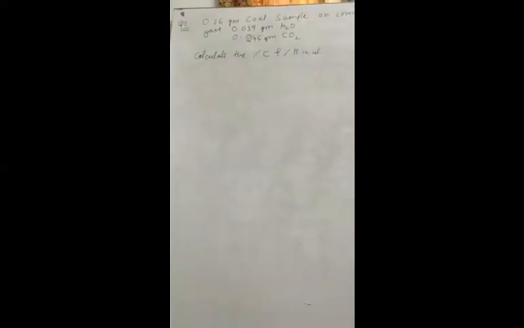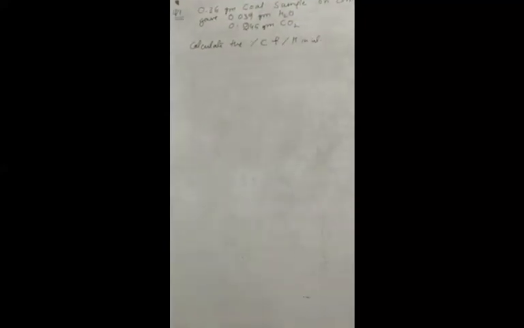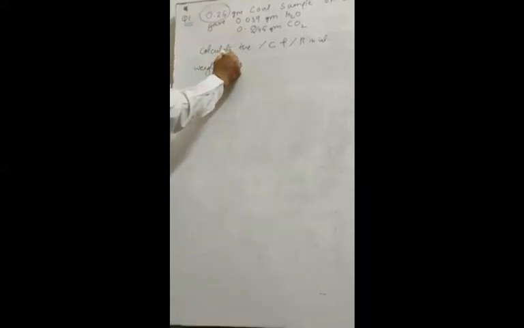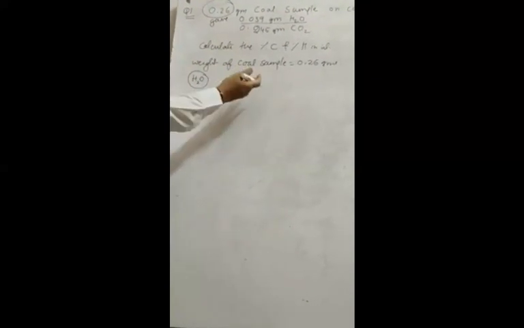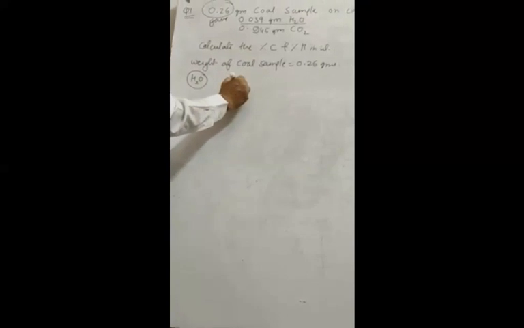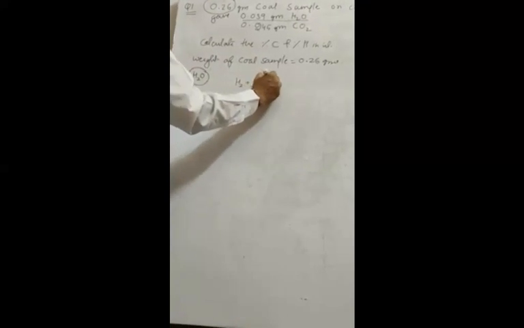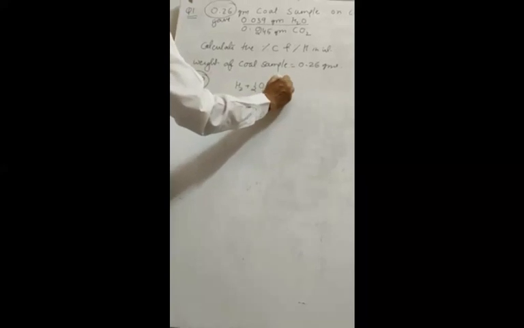Now this is a different type of question. You can see that the weight of the coal sample is 0.26 grams. Clear? Now on combustion it gives 0.039 grams of water. So first of all, water. How is water formed? Hydrogen plus half O2 gives H2O.